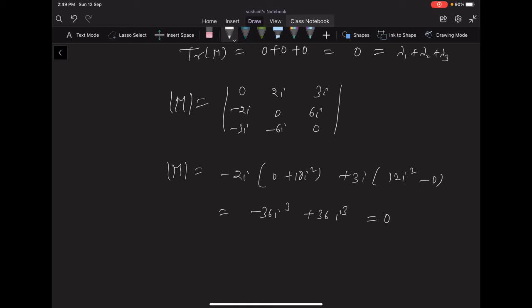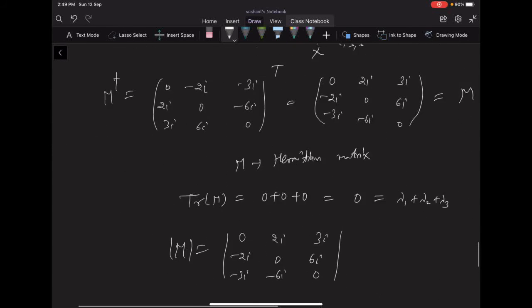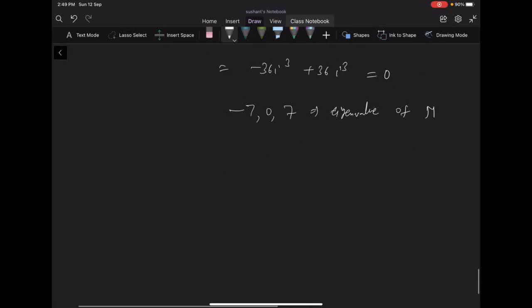So the determinant of matrix M is 0, so 0 must be an eigenvalue of M. So option B is the correct option: minus 7, 0, 7 are the eigenvalues of M. So without solving the characteristic equation, we can tell about the eigenvalues of a matrix by remembering those important points.